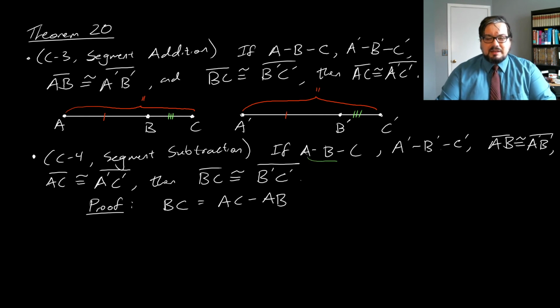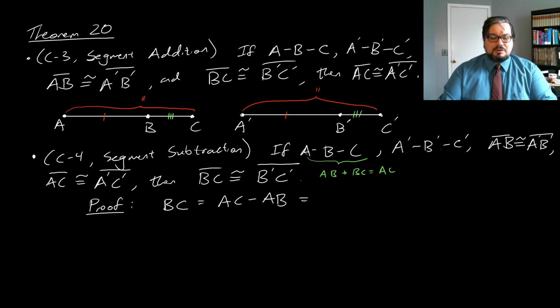We know that this statement, B is between A and C, means that AB plus BC equals AC. So all I'm doing is moving the AB part of that to the other side in order to get BC by itself.